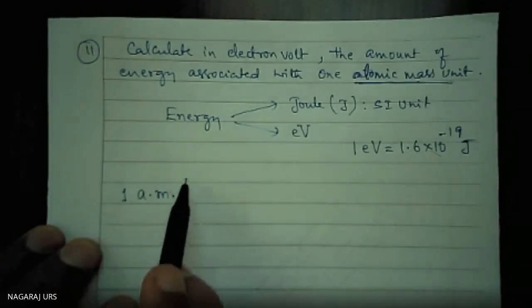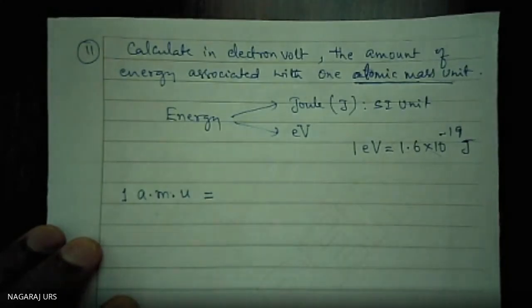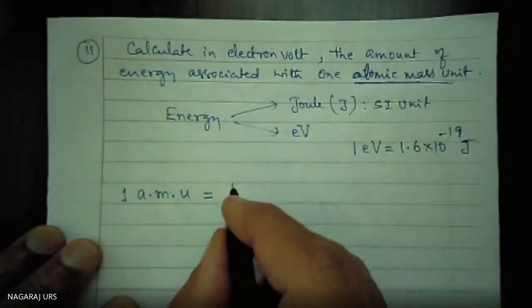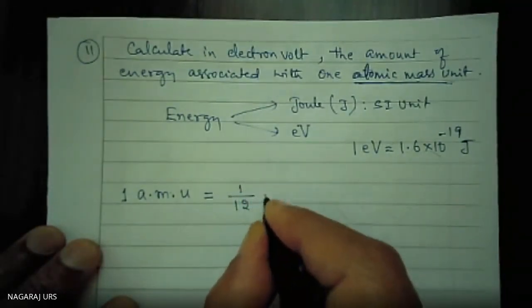Atomic mass unit. So one atomic mass unit is equal to 1/12 of the mass of one carbon 12 atom. That is the definition, taken from your second PUC.